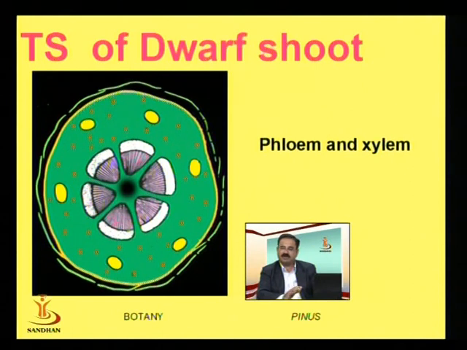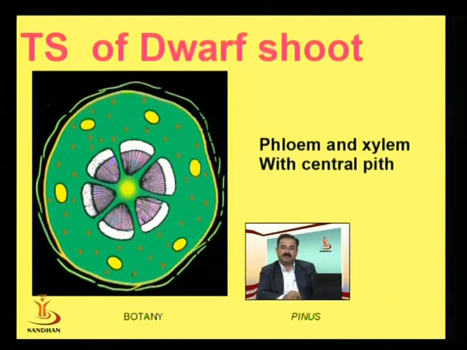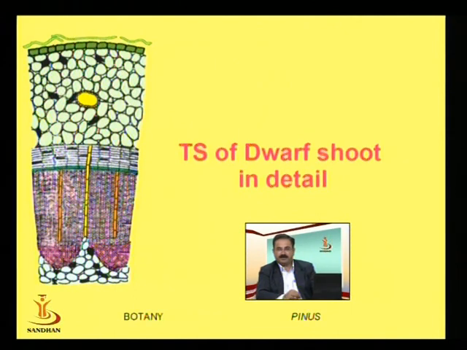In between the phloem and xylem there is a cambium, which cannot be easily distinguished here in general structures, right? And the central part is made up of the pith region. Of course, pith is one of the common characteristics. This pith region also contains tannin cells.